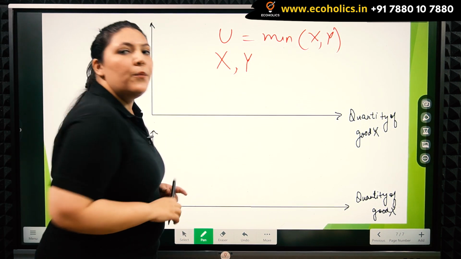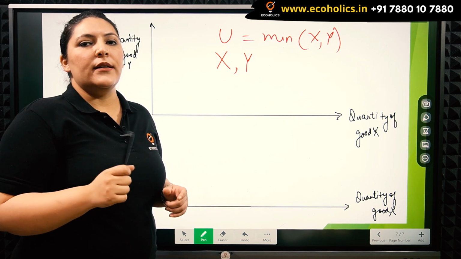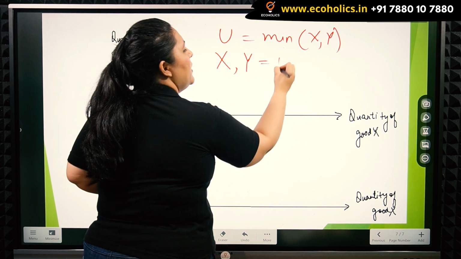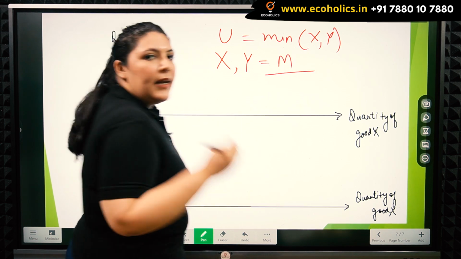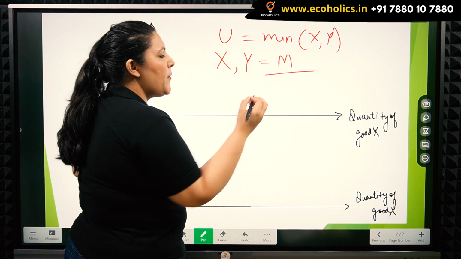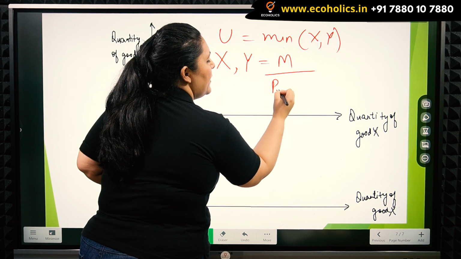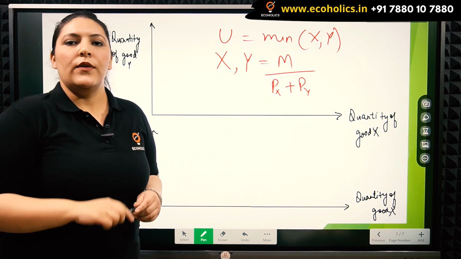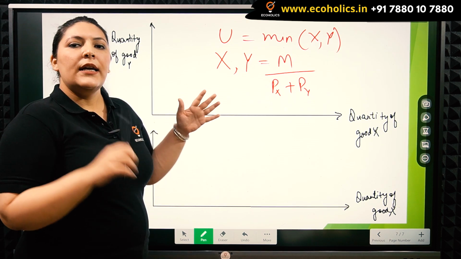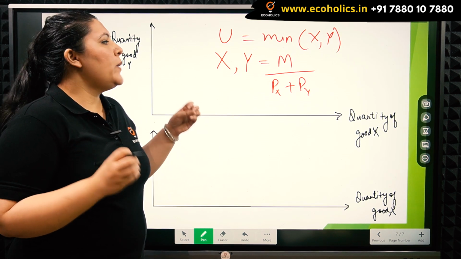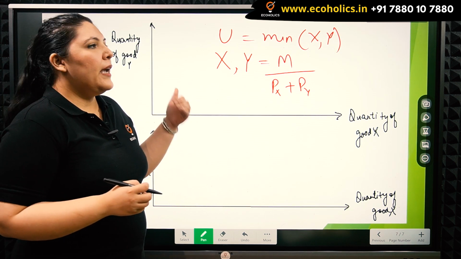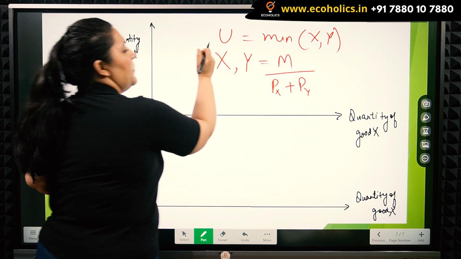X and Y will be consumed together and will have the same demand. So X equals Y equals the income of the consumer divided by the sum of the price of commodity X and the price of Y. This gives us a rough overview and a quick demand value for both the commodities in a complementary situation.